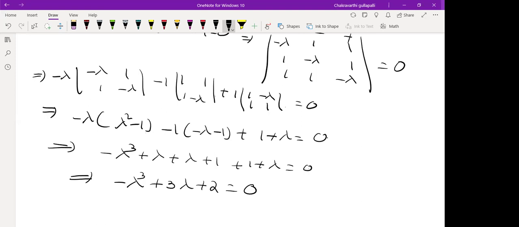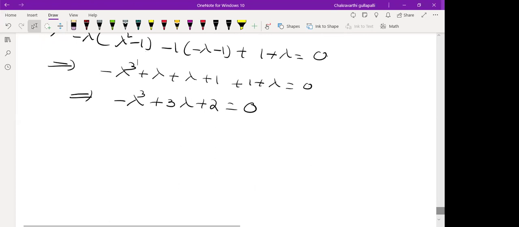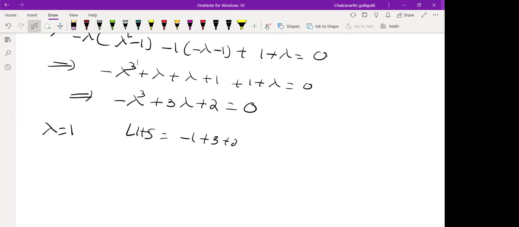To get the eigenvalues, we first apply the inspection method. How many eigenvalues will we get? 3. So how to get them? Apply the inspection method. That is, put lambda equal to 1, minus 1, and check whether it is 0. For lambda equal to 1, LHS is minus 1 plus 3 plus 2, which is not equal to 0, the RHS. If it is 0, then stop.